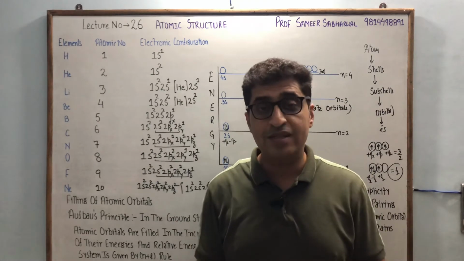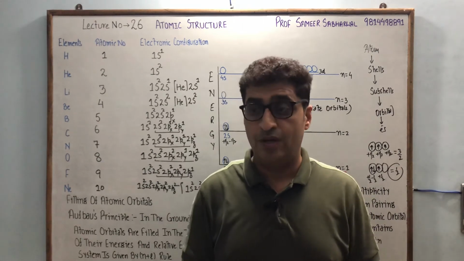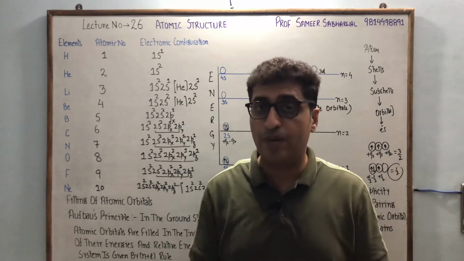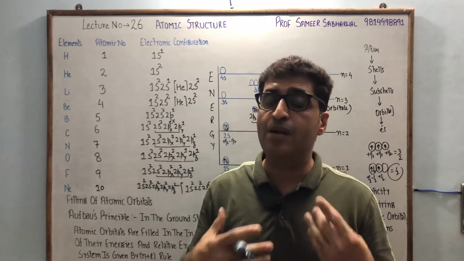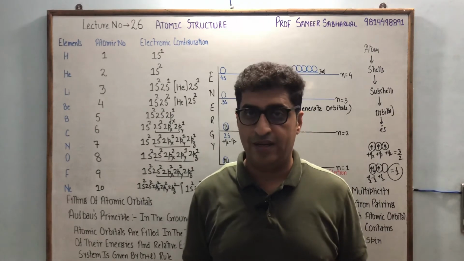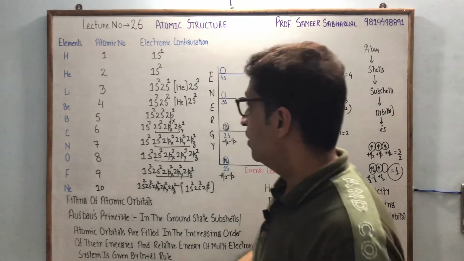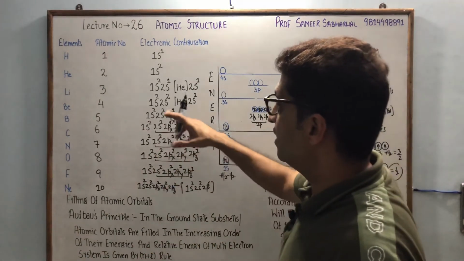So beryllium is diamagnetic because it has no unpaired electron. So those species which have no unpaired electrons are generally repelled by the external magnetic field, and these species are known as diamagnetic. And those species which have unpaired electron, like you can see that if I take lithium, there is one unpaired electron in case of lithium.